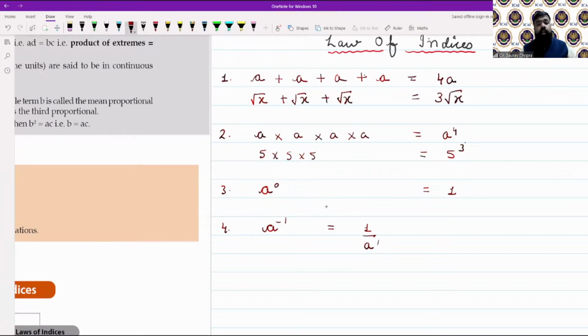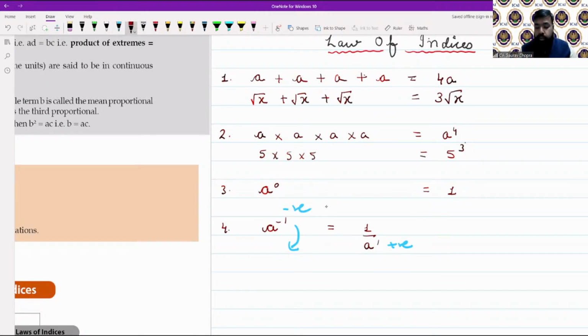Whenever we move from numerator to denominator or denominator to numerator, the power will change its sign, from positive to negative or from negative to positive. So we have shifted from numerator to denominator, which is why this power, which was earlier negative, is now positive. So a to the power of minus 1 can be written as 1 by a.